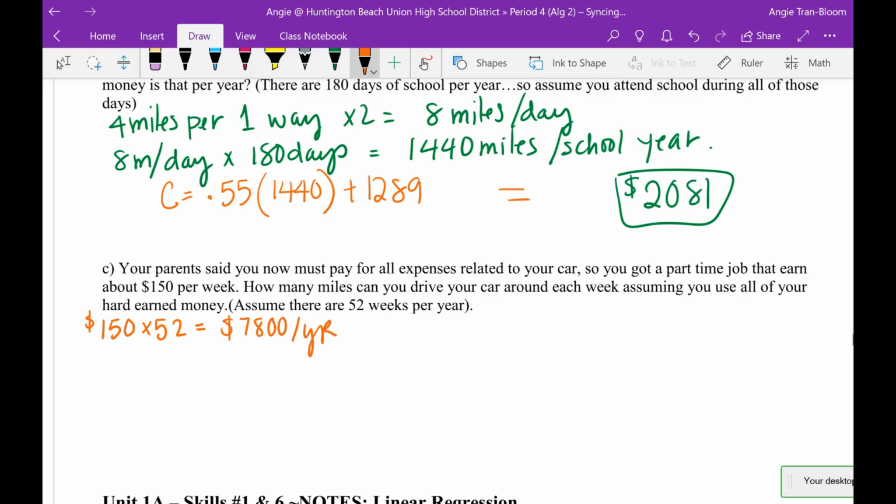So that's how much money you can spend annually. Is that understood so far? Yeah. So we're going to plug that into here. After we get the total, guess what we're going to divide by? Divide the whole thing by 52, because I'm only looking at the miles I can drive per week. Yes or no?